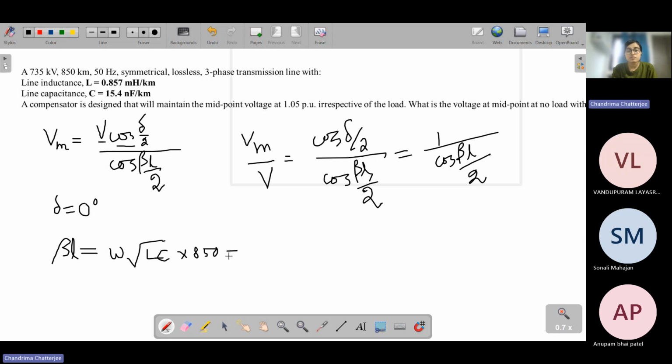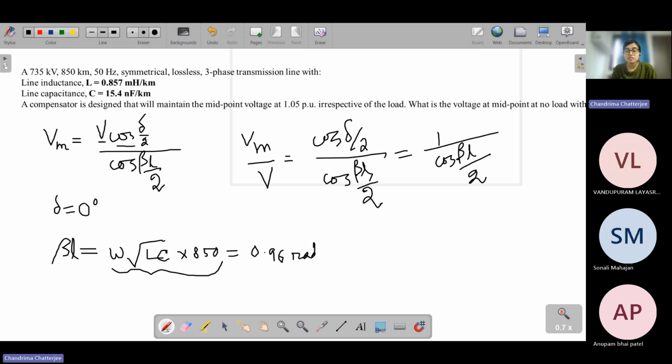After doing this calculation, we will find beta L in radian. Can you solve this portion and tell me what is the value? 0.96. Okay, 0.96 radian.